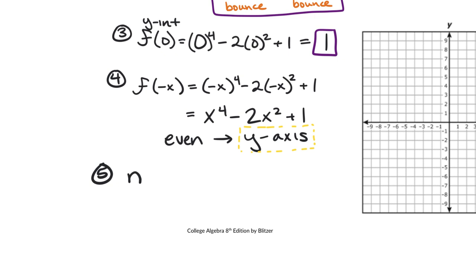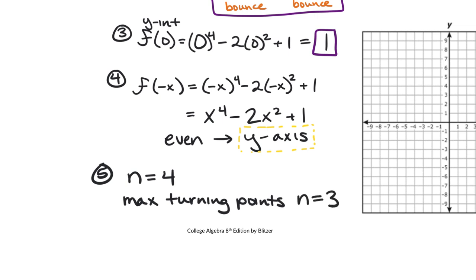If our degree is 4, what's the maximum number of turning points I should have? It's actually below that. So the degree should be bigger than the turning points. The max number of turning points I have is 3, 1 less than that. That just gives us a place to check at the very end.